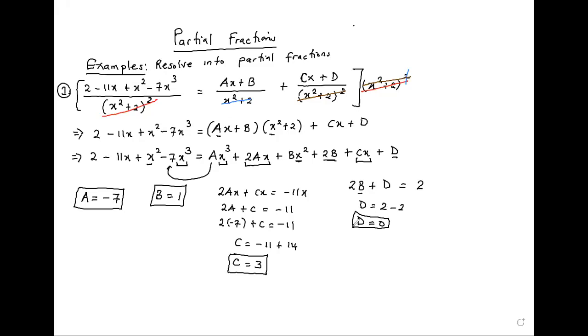So you say (2 minus 11x plus x squared minus 7x^3) over (x squared plus 2) squared is equal to: a is -7x, so (-7x plus 1) over (x squared plus 2), plus c is 3x plus d, which is 0, over (x squared plus 2) squared.